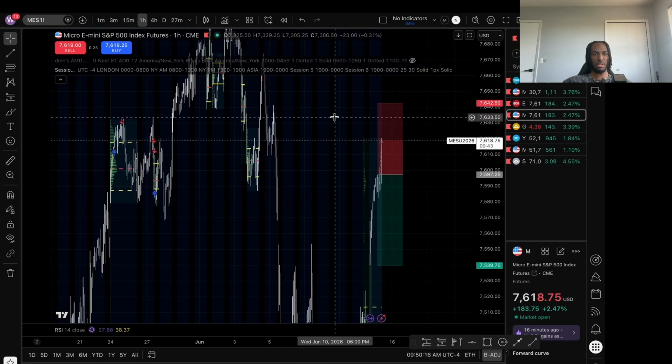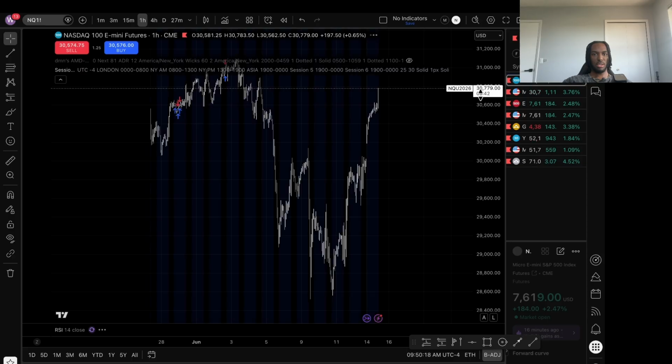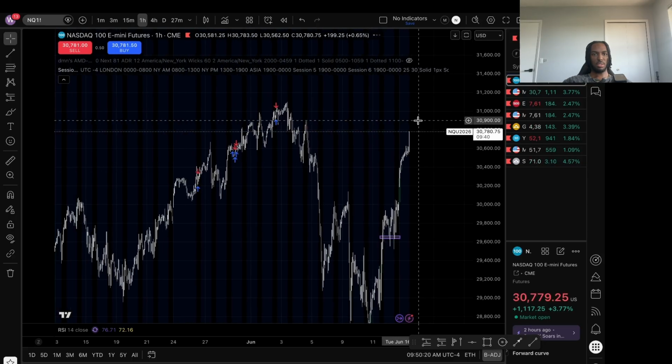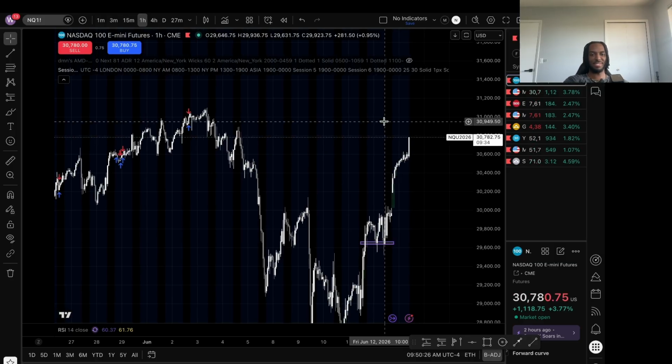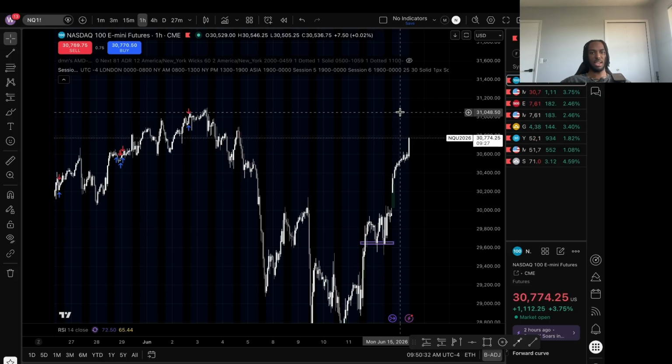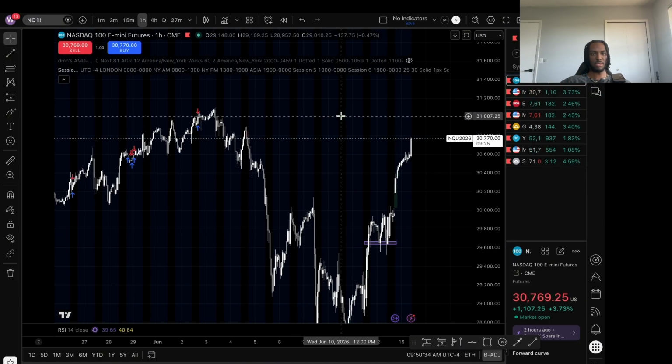The NQ on the 1 minute. Yeah, my big account, 3 bands gone. Damn. It hit my daily loss limit, so we might as well have just had a tighter stop on this, honestly.